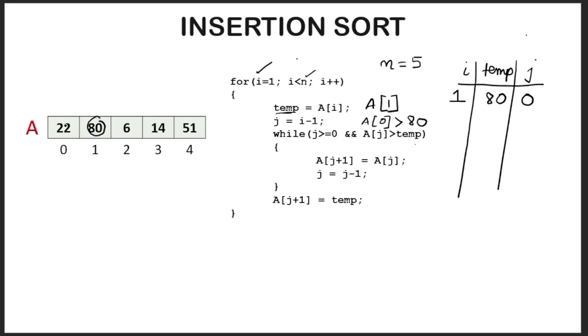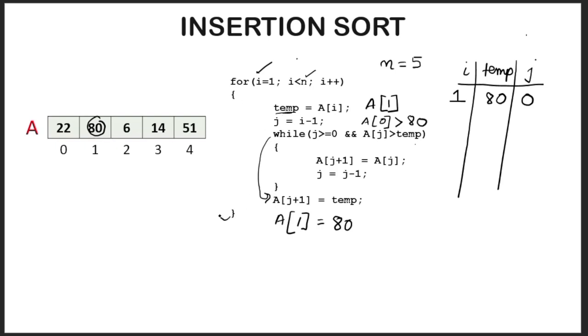A of 0 is 22. No, it is not greater. So the condition is false. We will come out of the while loop and we will come to this statement, A of j plus 1. What is j? 0. So A of 1 is equal to temp. Temp is your 80. So now A of 1 is temp. So this is your first pass.